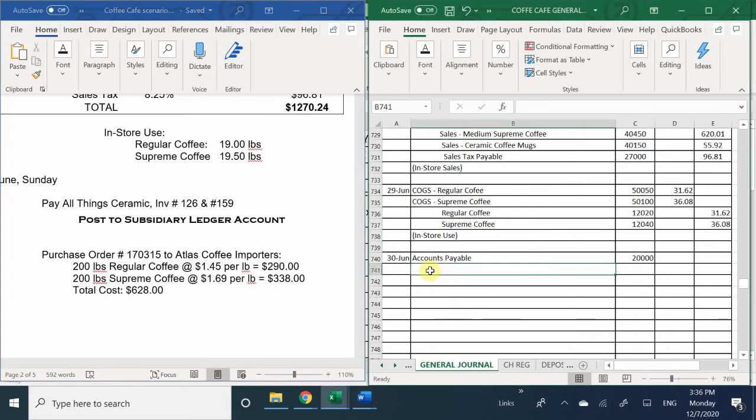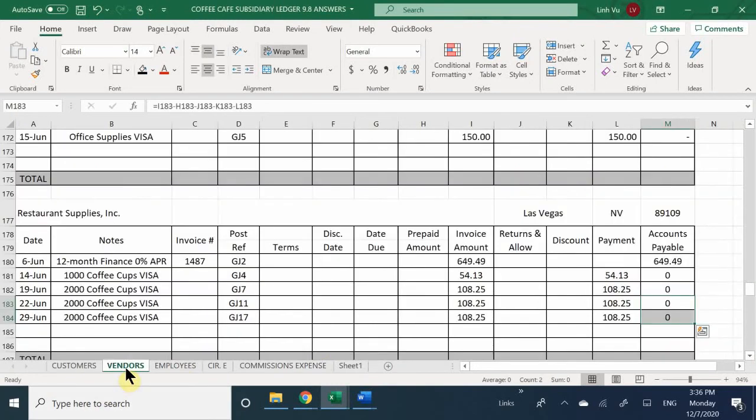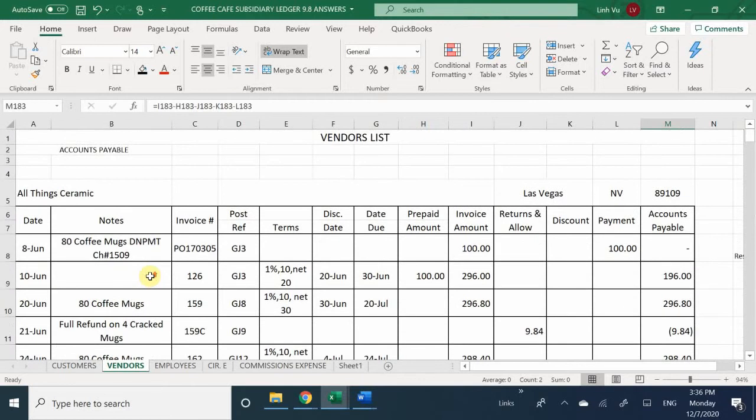Before I place that down, let's take a look at discounts. So subsidiary ledger and All Things Ceramic, under the vendors. Let me make this big so I can see it. 126 and 159.